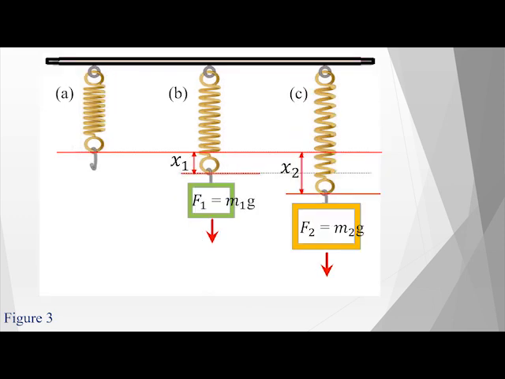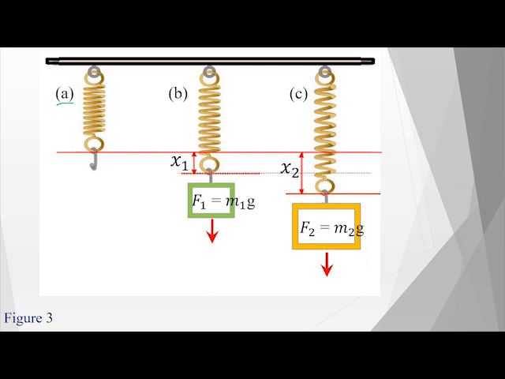Hooke's law can also be explained in figure 3. From figure 3, we could see the image of 3 different springs. The image A represents that of a spring when it has not undergone any deformation.